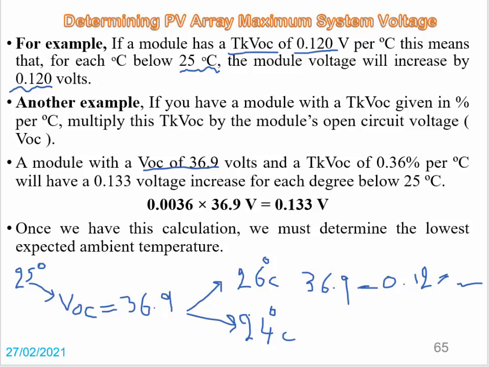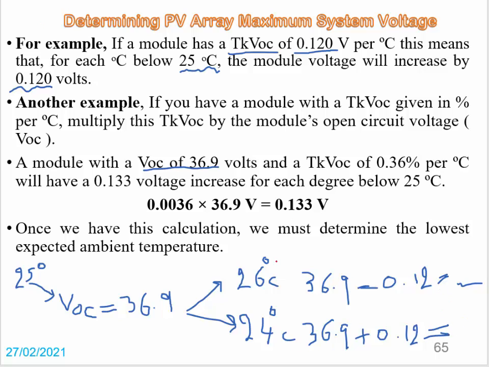But if the temperature decreases by 1, the voltage increases, so we say 36.9 plus 0.12, and we have the result.